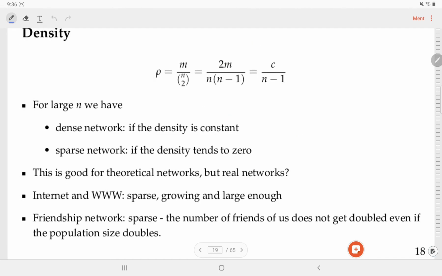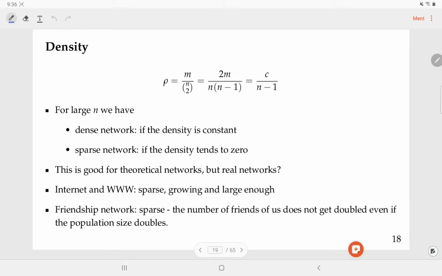The next thing is density. That's also a global measure, which means that it assigns one number to the entire graph. The letter here is called rho.